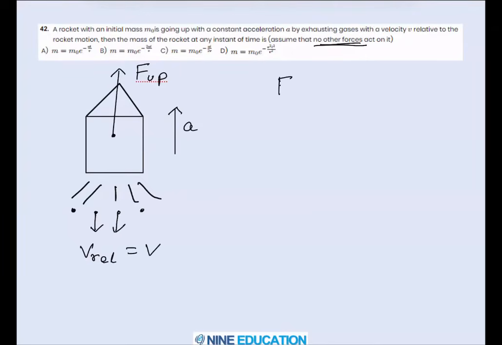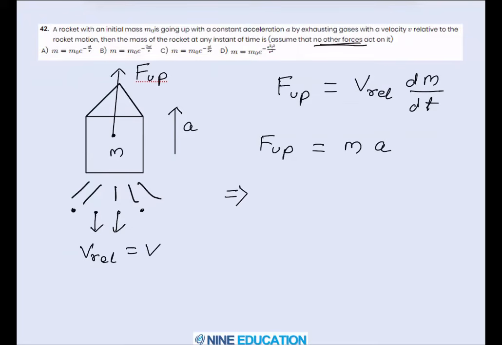Now, what do you think the upthrust formula is for a rocket which is losing mass continuously? It is nothing but your relative velocity into dm by dt, right? Now, if I write down the FBD equation, I will get that F upthrust is equal to the instantaneous mass of the rocket, which is m, into the acceleration of the rocket. Okay. Now, the relative velocity is actually minus v.